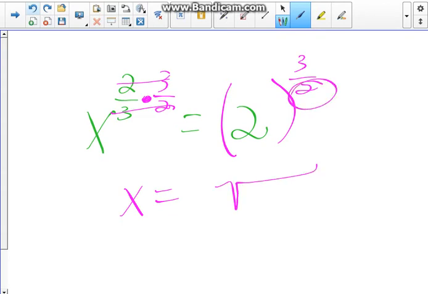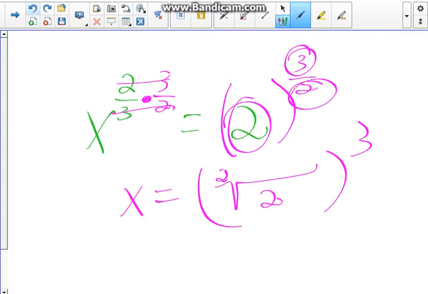You know, the bottom is our root, which is square root, and the top is our power, and our term is our radicand. So the square root of 2 cubed, so whatever that is, becomes our answer.